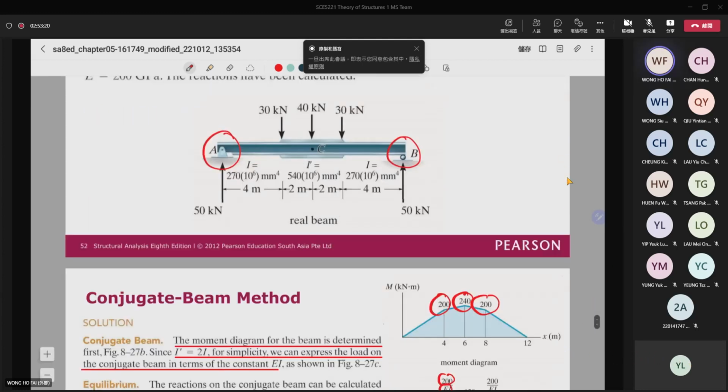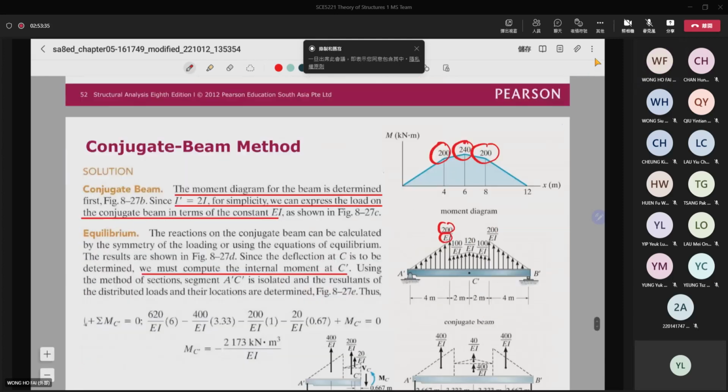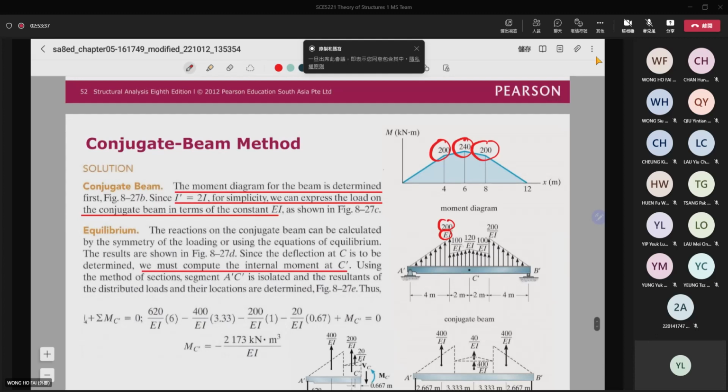But you can see that the EI at the center is double that at the side, okay? So right here, at the center, you need to have the EI be double. So this value is double.